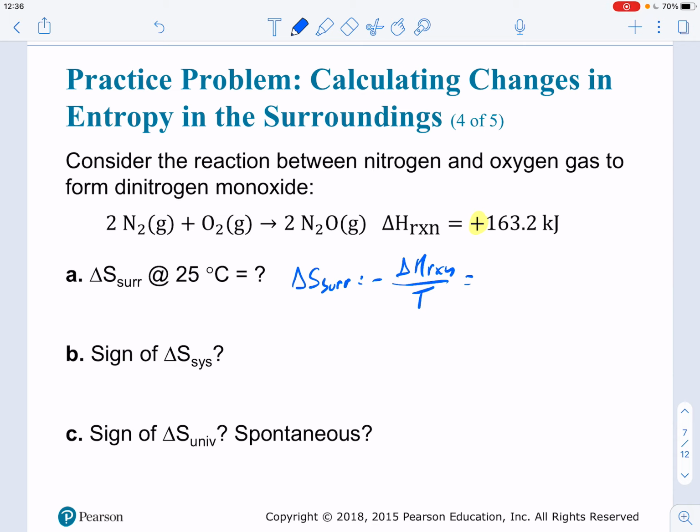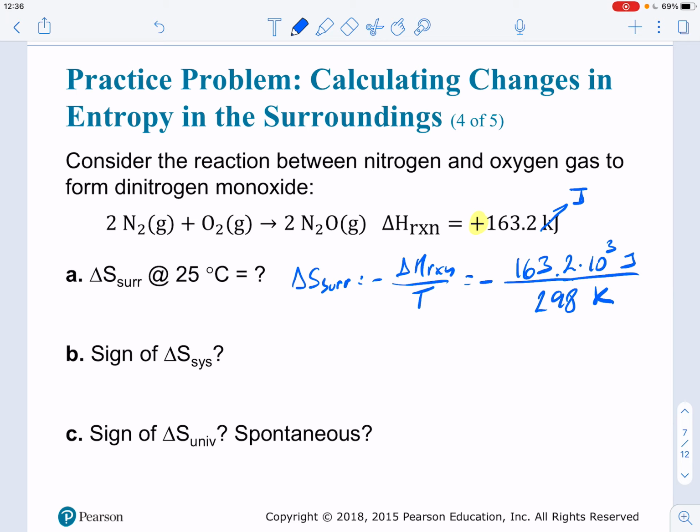Let me get some more space here. Minus 163.2. I'm going to do it in joules, so converting this to joules, you have to multiply by 1000. And then, since it's 25 degrees Celsius, 25 plus 273, that's 298 Kelvin.